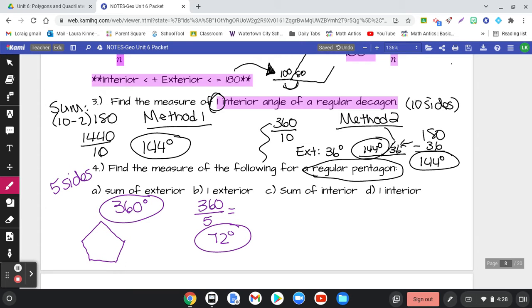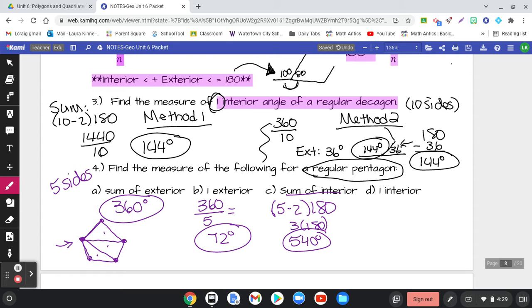Now, for the sum of the interior, if you can't remember, just pick one point, draw it to all the other points. You have 1, 2, 3 triangles times 180. But again, it's just the number of sides minus 2 times 180, which I just showed you in this picture. It's 3 times 180, which is 540 degrees in all of them.